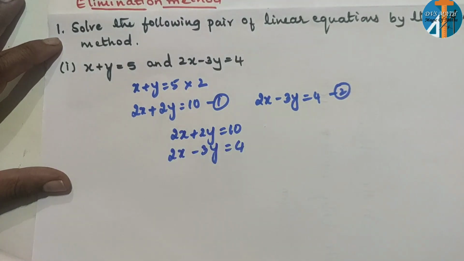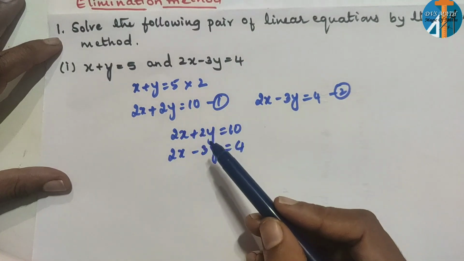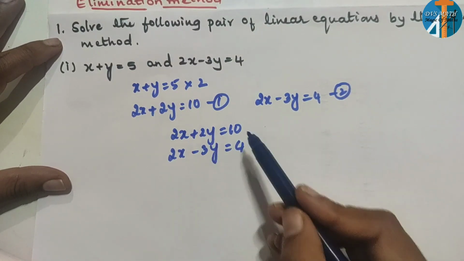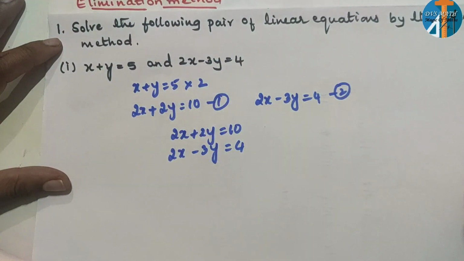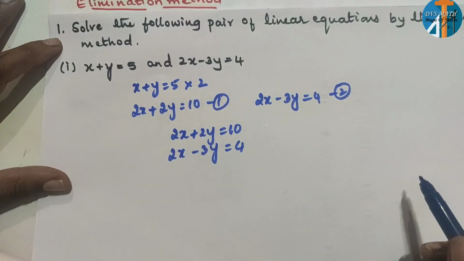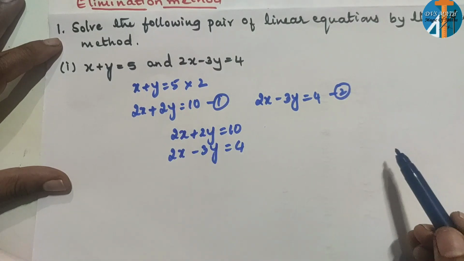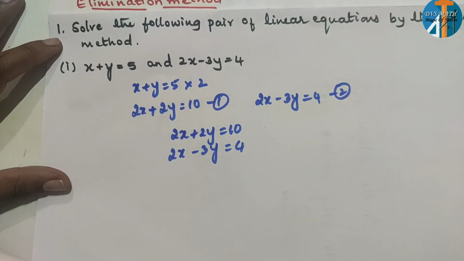In the elimination method, you have to write like this, one below the other. And you cancel any one of the variables you want to cancel. Elimination is nothing but removing one of the variables. To remove the variable, the signs of that variable in the two equations must be opposite. That means one should be plus and the other should be minus. If it is like that, only then can we cancel. If both are plus or both are minus, we cannot cancel.